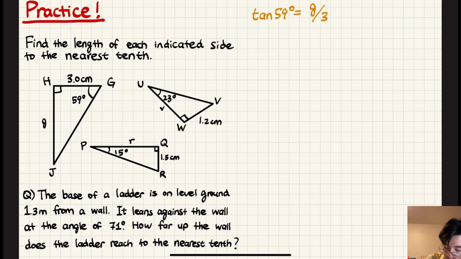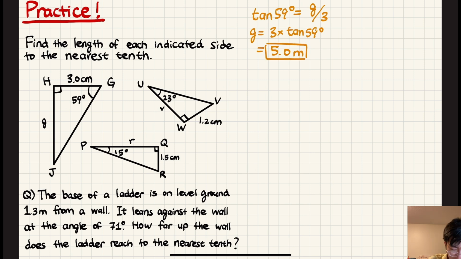We do some quick rearranging to find that G is equal to 3 times the tangent of 59 degrees, which from the calculator gets us 4.99, which rounds up to 5.0 meters.